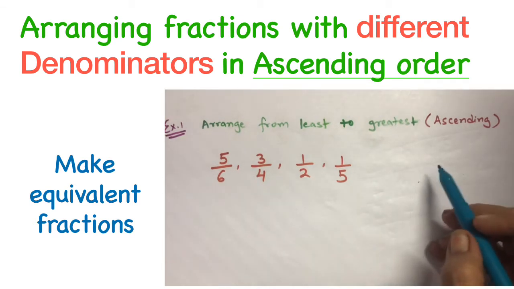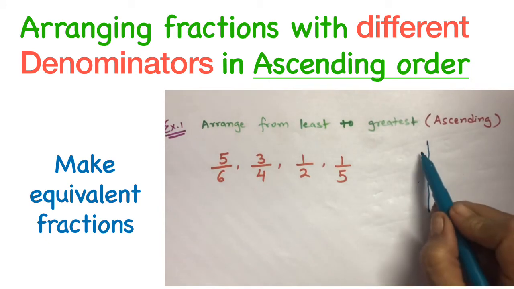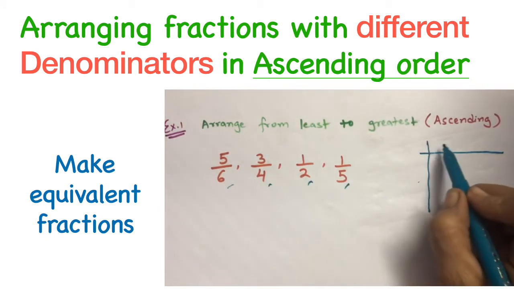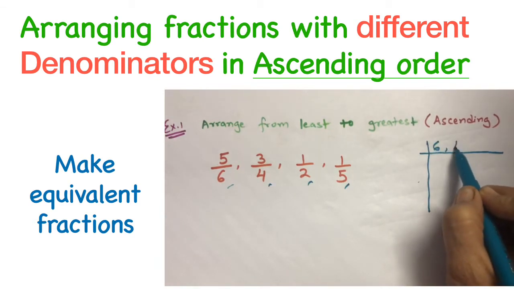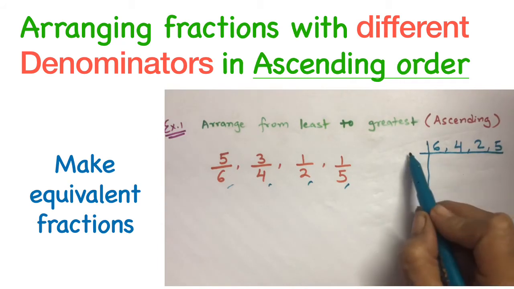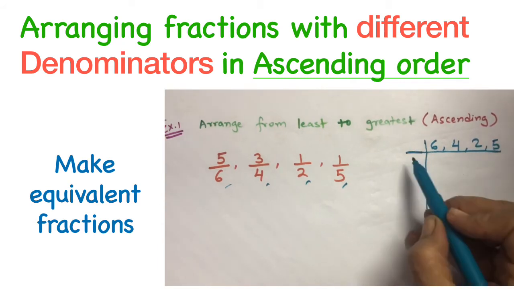You remember we did this with LCM method, where we try to find LCM for all the denominators. So we have 6, 4, 2, 5. We will find the least common multiple for all the 4 numbers.